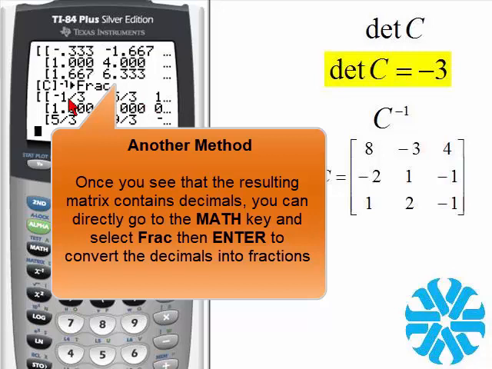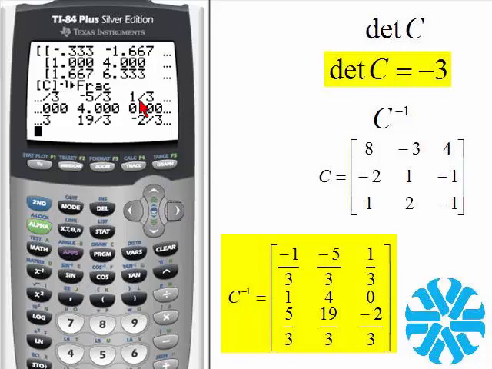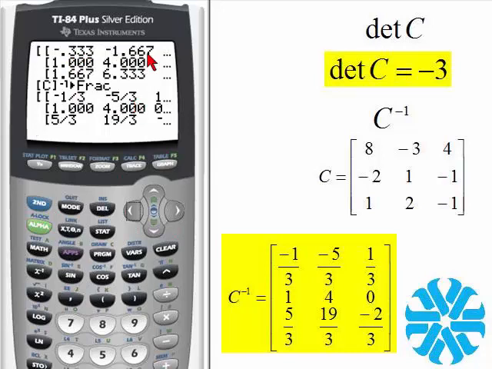So the first row we have -1/3, -5/3, and 1/3. And you can see the conversion. If you look at the screen above, the -1/3 is -0.333, -5/3 is -1.667, and so on.